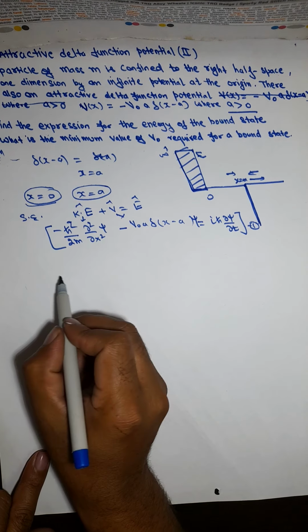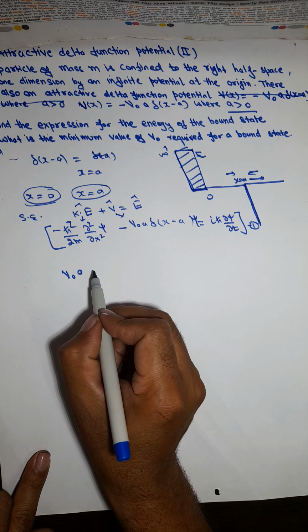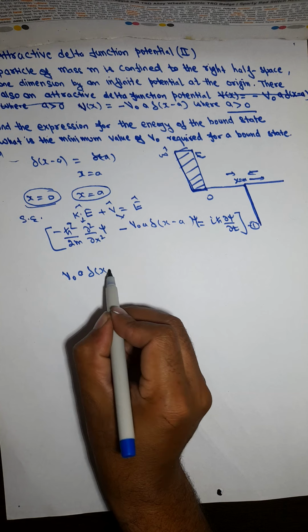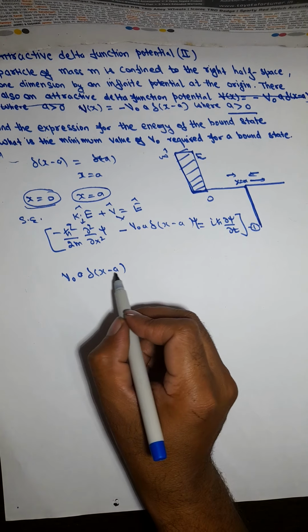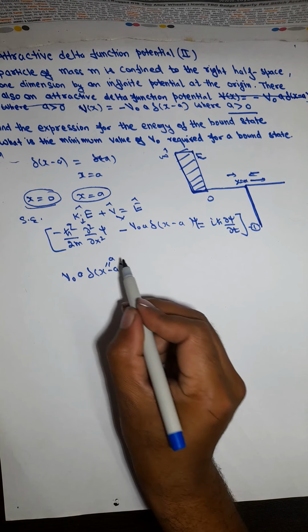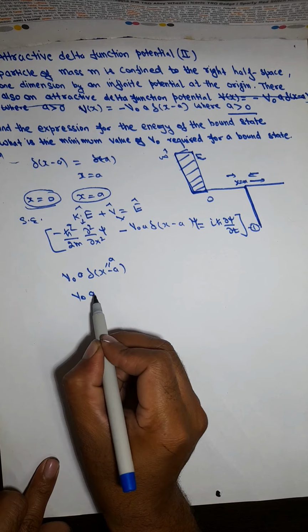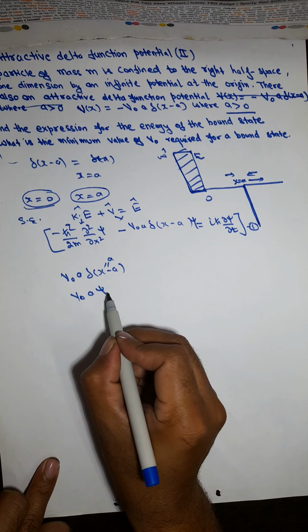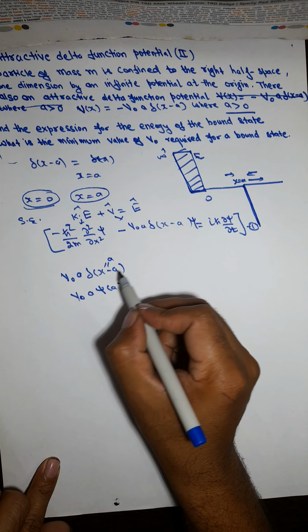So we get V0 a δ(x - a) giving V0 a times psi of a, because the delta function goes out and leaves psi of a.